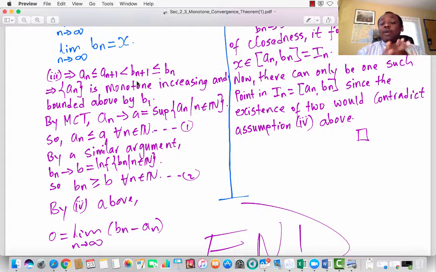In other words, bn is a monotone decreasing sequence that is bounded below by a1. And therefore, by the monotone convergence theorem, bn converges to some number b, which happens to be the infimum of all the terms of our sequence bn, where n is a natural number, i.e., bn is greater than or equal to b for every natural number n. Call that inequality 2.